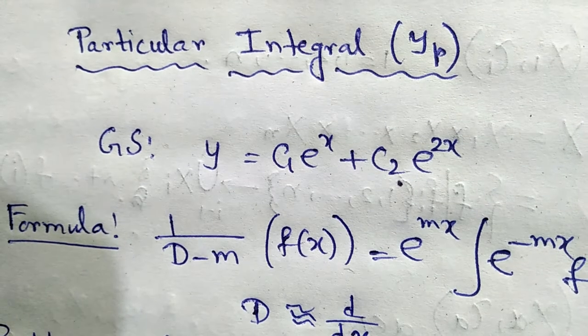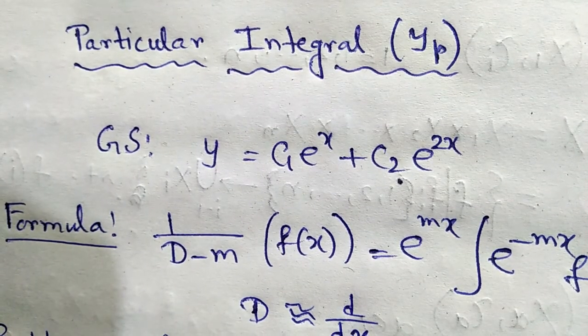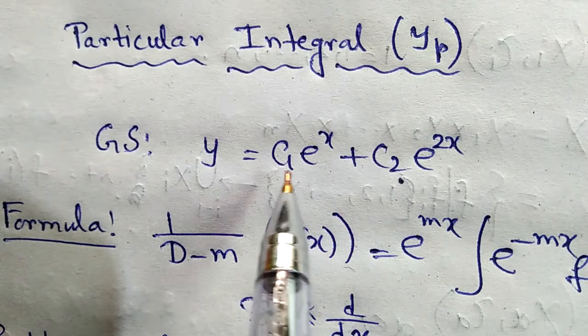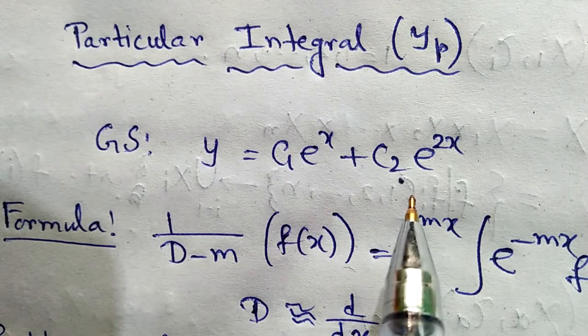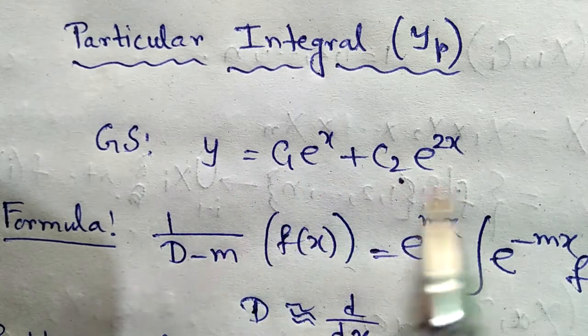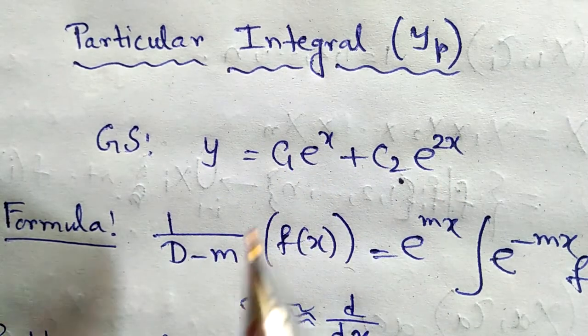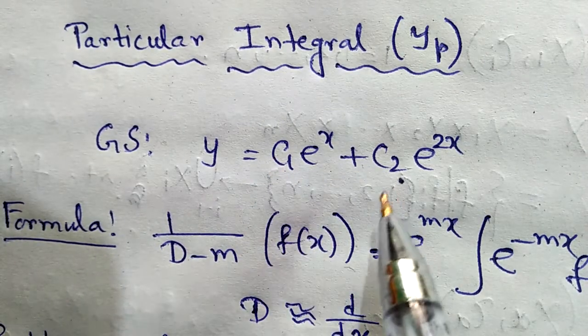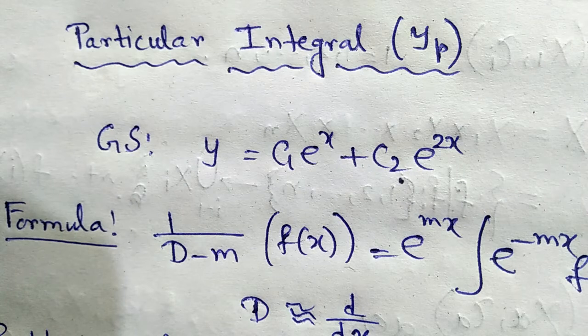So in case of particular solution, as I have told, for each particular value of arbitrary constant, if we put c1 is 1, c2 is 2, then we get a particular solution. And if we change the value of arbitrary constant, then we get a different particular solution.